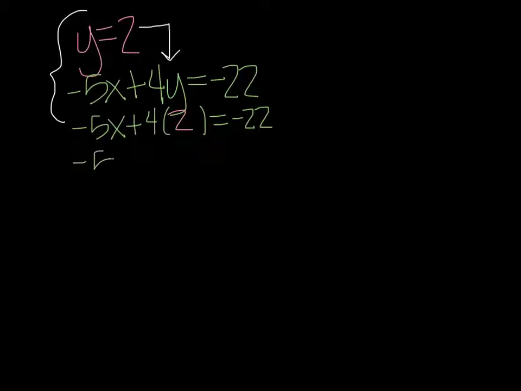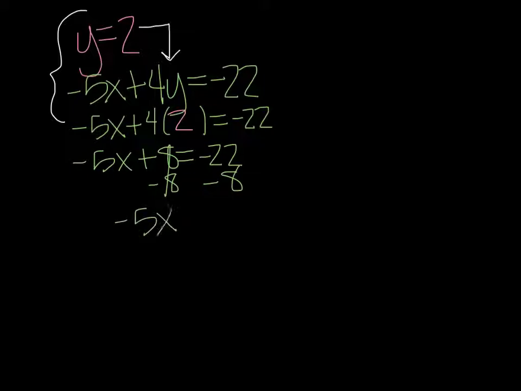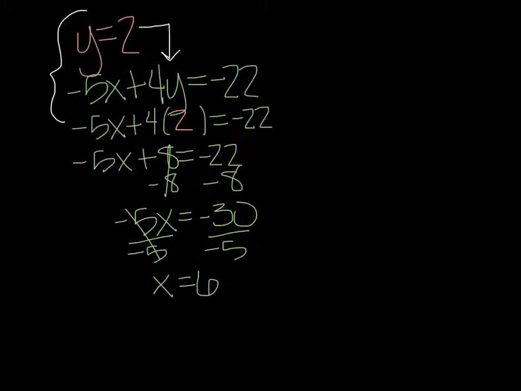That gives me negative 5x plus 8 equals negative 22. Subtract 8 from both sides. Negative 5x equals negative 30. Divide both sides by a negative 5, and x equals a positive 6.